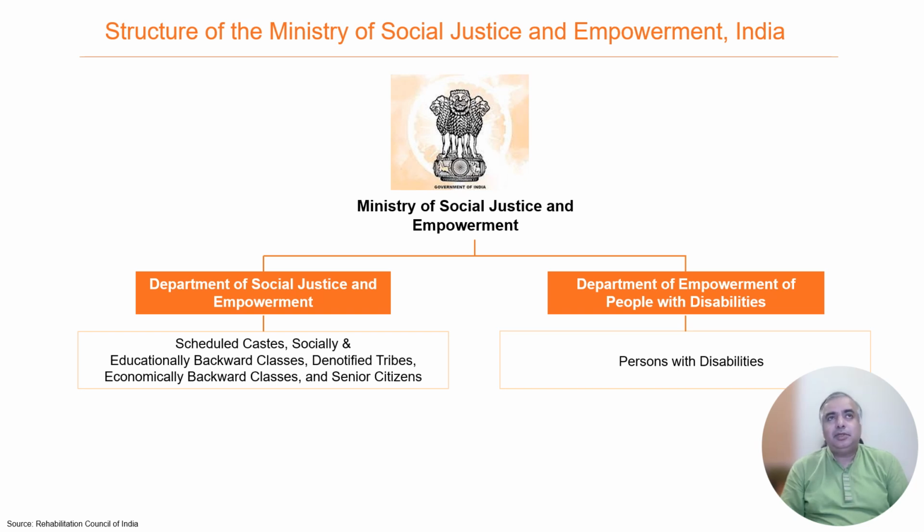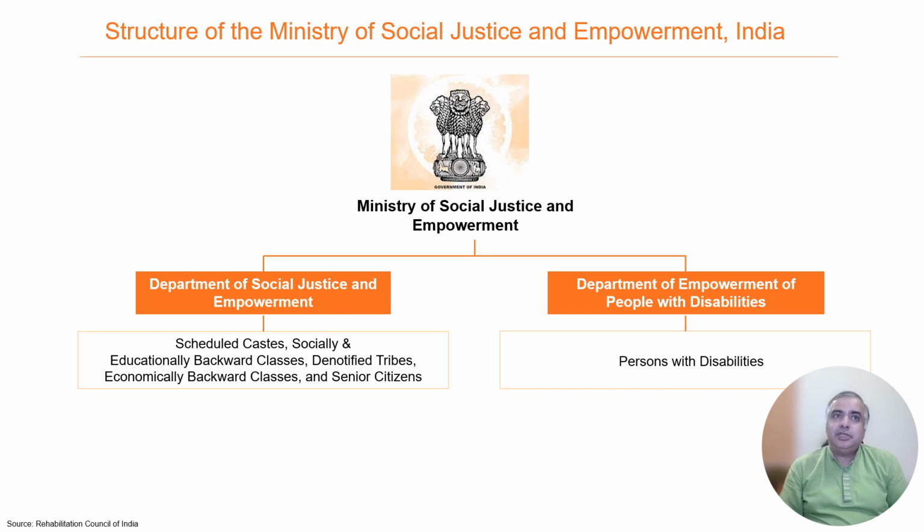I'm sure there will always be a scope of hastening certain dimensions of the policy, but it's equally important to see what is the federal government structure to regulate this. So, in Indian government systems, we have the Ministry of Social Justice and Empowerment. The very term social justice and empowerment reflects an inclusive dimension of humanity.